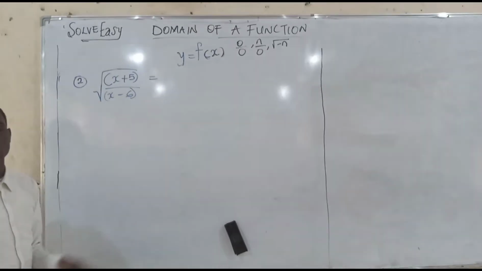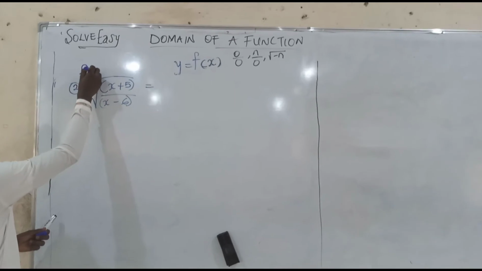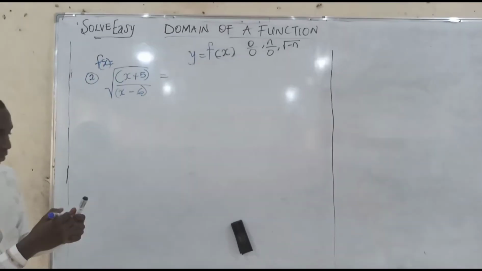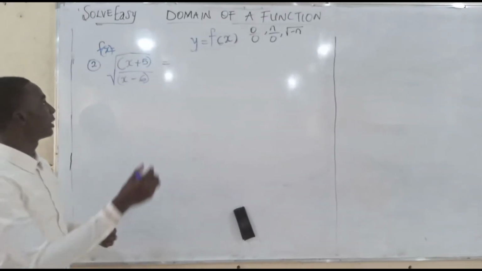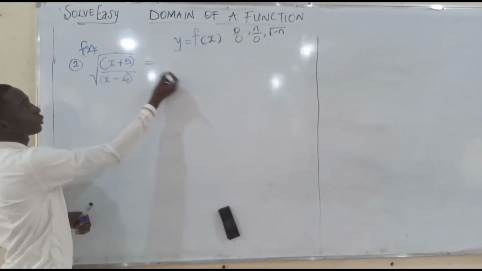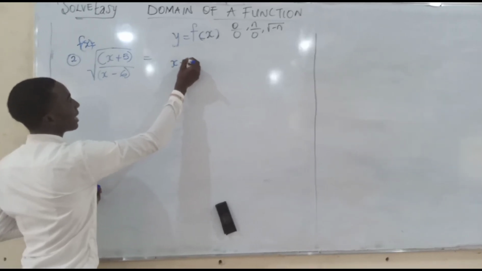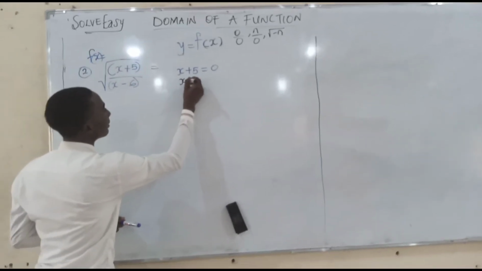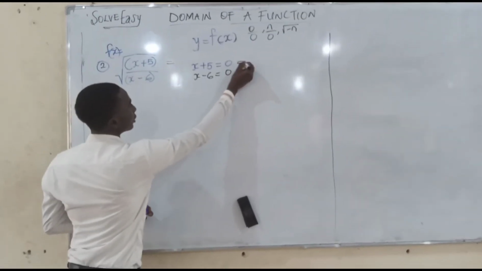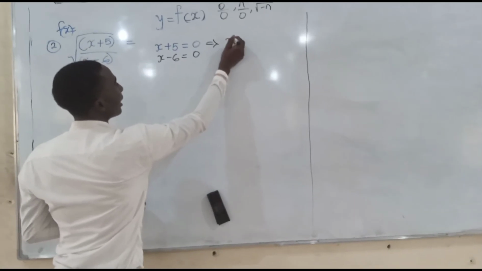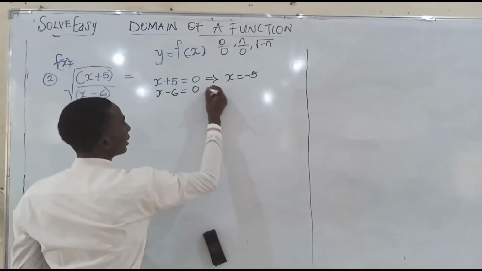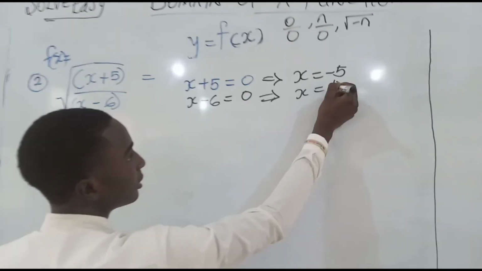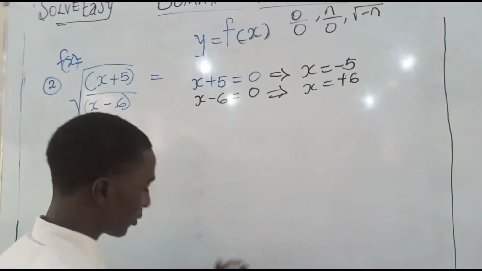For question number 2, we are asked to find the domain of this function. Now, the first thing I said we should do is equate the numerator x plus 5 to 0, and the denominator x minus 6 to 0. That is to say, taking this here, x is equal to minus 5, and for the denominator, x is equal to positive 6.